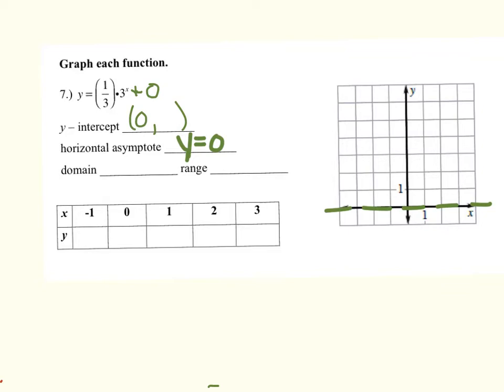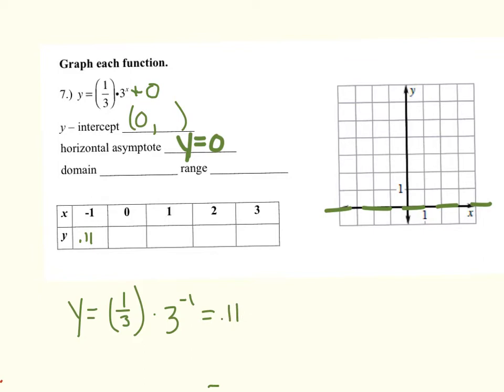So y equals 1/3 times 3 to the power of -1. Remember that -1, guys, would make it go into the denominator. So this is really 1/3 times another 1/3, which is 1/9. But I will write it as a decimal so we get used to graphing these decimals. So when I plug this in, y equals 0.11.